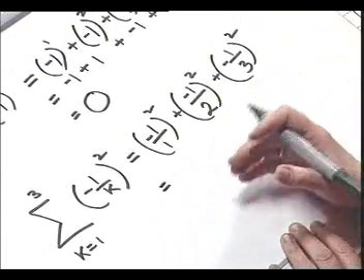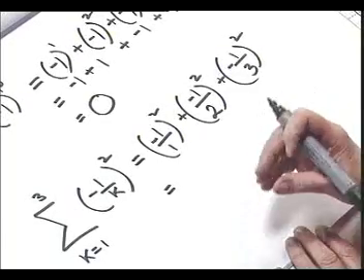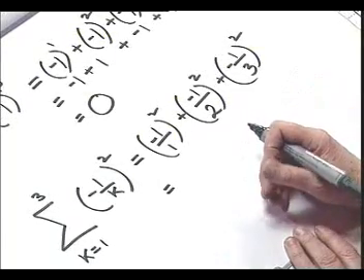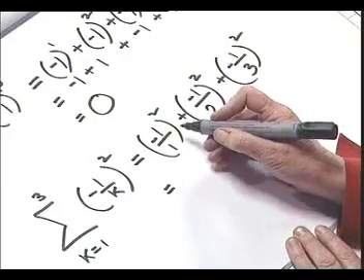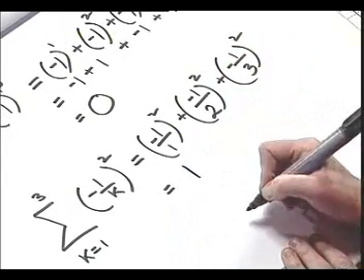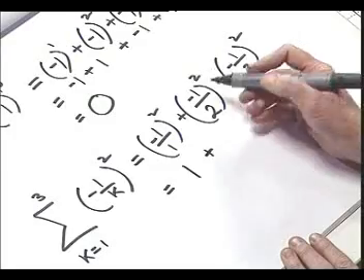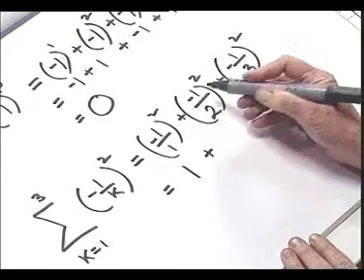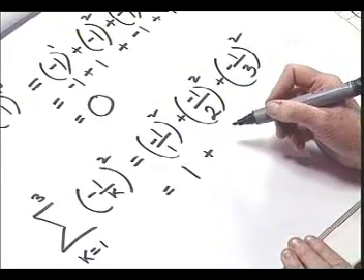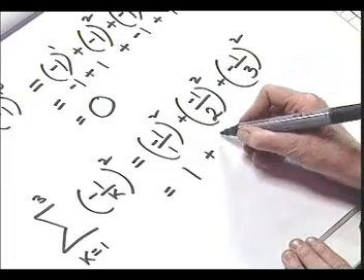And then again, taking care with the negative signs, square these values out. -1 over 1 is -1. Squared will give us 1. Plus -1 over 2, all squared, that will be positive, and it's a half times a half, which is a quarter.